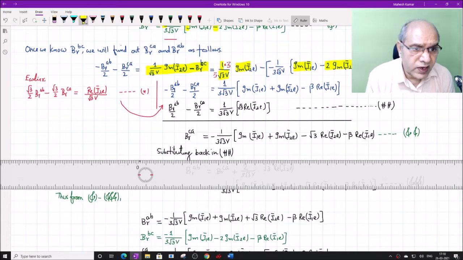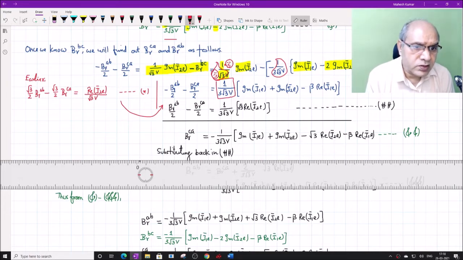I want to simplify this, so we will take common 1 by root 3B, 1 by 3 root 3B. We take this common for the whole expression from here and from here. So we multiply by 3 here and divide by 3 here. Then this becomes a common factor for both of them.